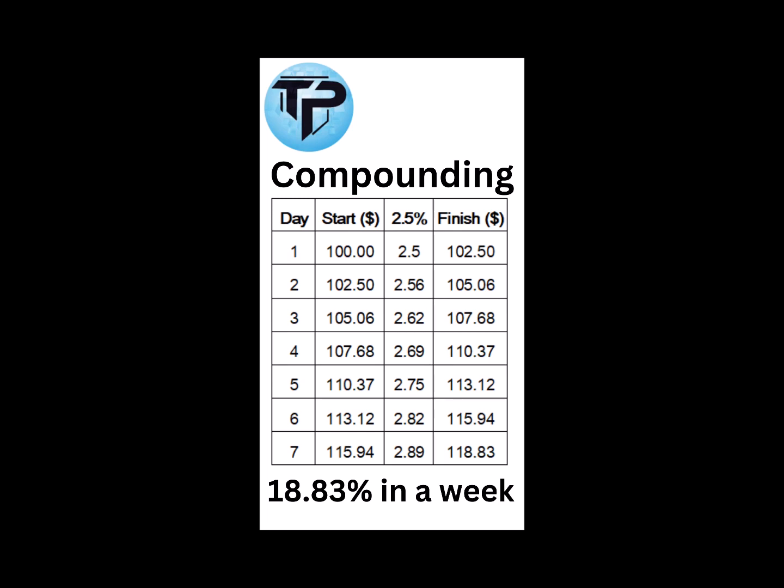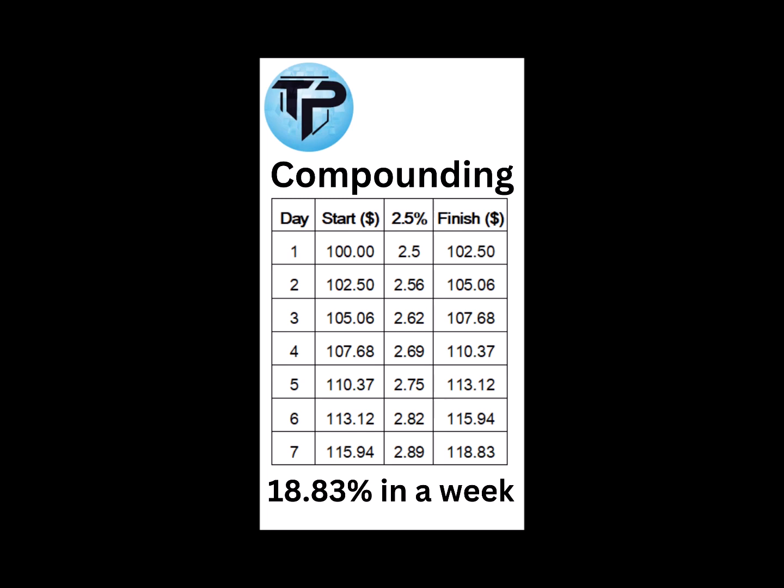So you start day 2 with $102.50. 2.5% of that is $2.56. So you add that $2.56 onto the starting amount, and you end up with $105.06. So on day 3, you're starting off with $105.06.